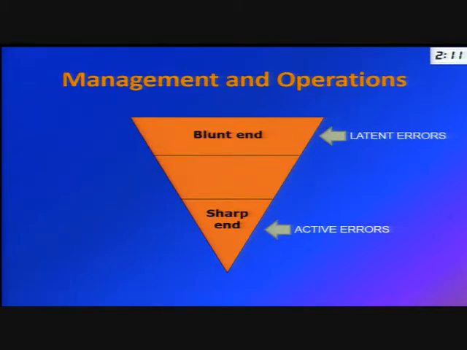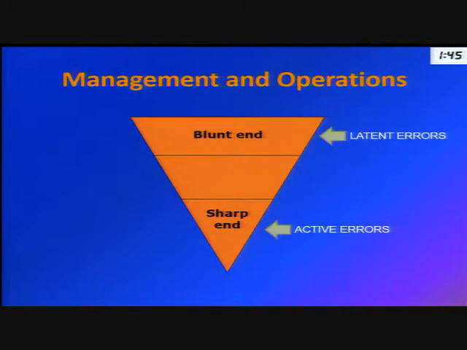So this is a simple way to imagine an organization. We have the sharp end, where providers meet customers, meet patients, and where the active errors are, and we have management with the blunt end where latent errors are.